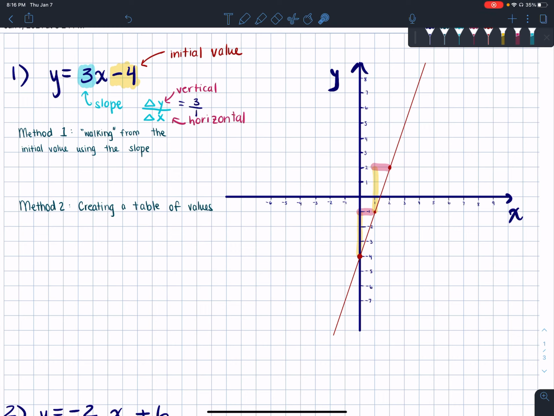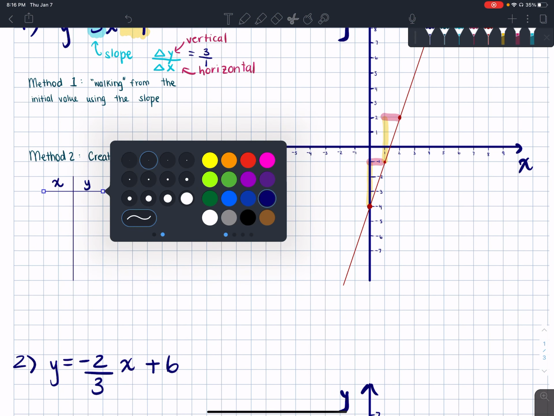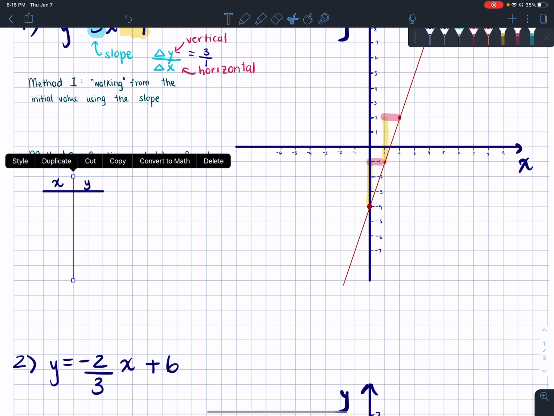For creating a table of values, you're going to start off with a table of values. I like using the vertical version of a table of values. I'm sure you know that you can also use a horizontal version of it.